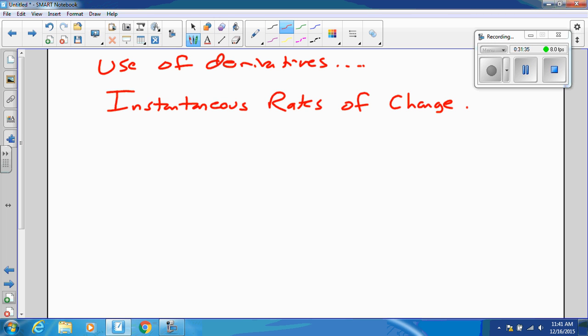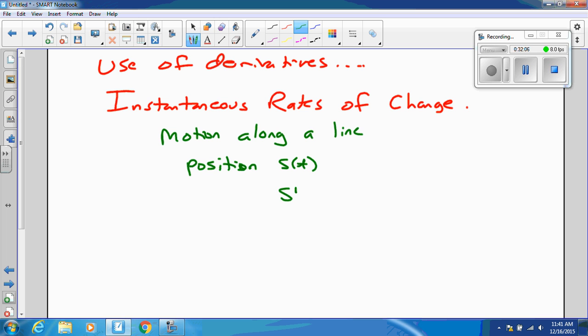In particular, we found instantaneous rates of change with motion along a line. This was one of the big ways in which we use derivatives. So if I have a position s of t, then the derivative of that position, ds dt, is the instantaneous rate of change of the position, also known as the velocity.